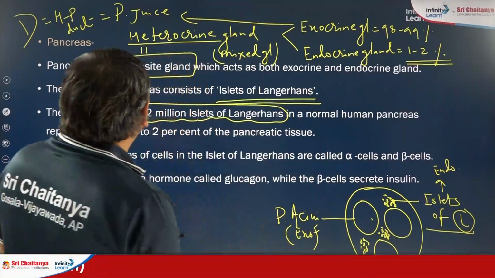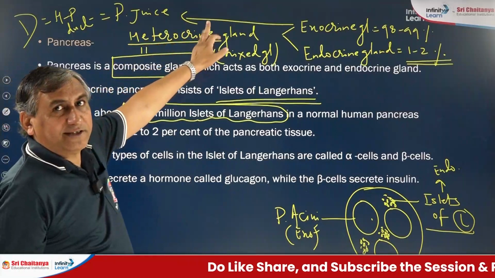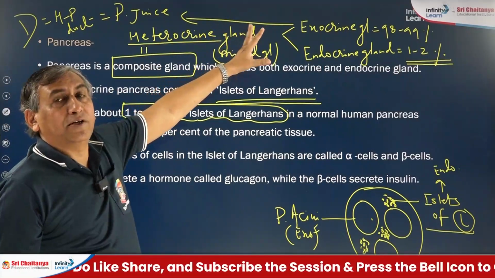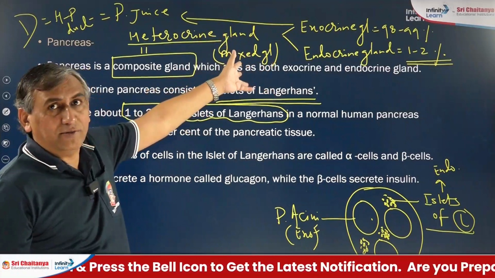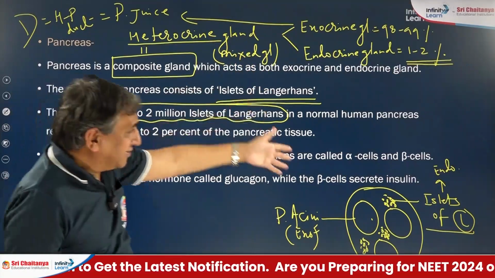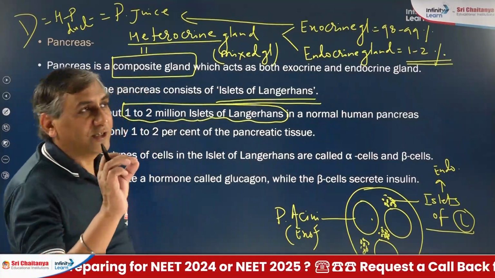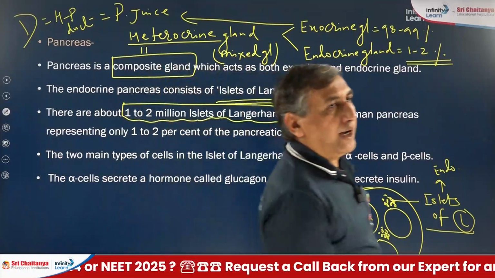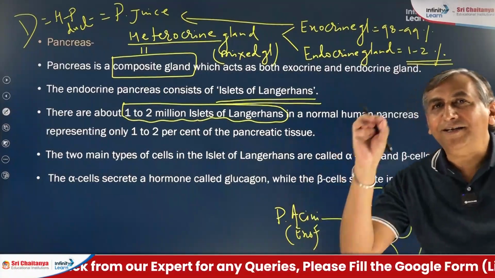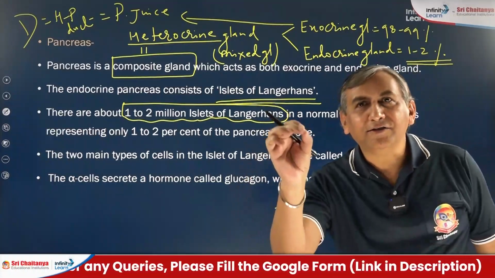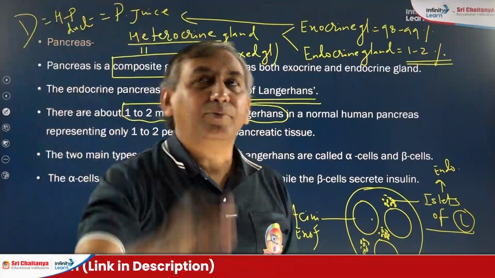Because the pancreatic duct is related to the secretion of pancreatic juice, carrying it, along with bile from the liver and gallbladder, to the duodenum. The endocrine part, the islets of Langerhans, secretes hormones, and hormones are secreted directly into the venous blood.